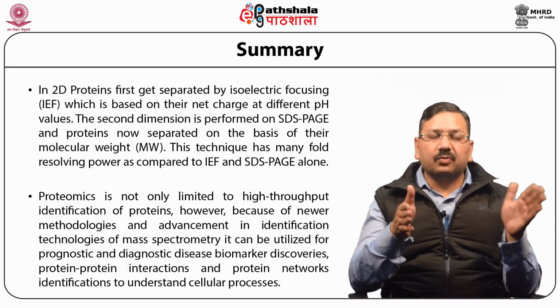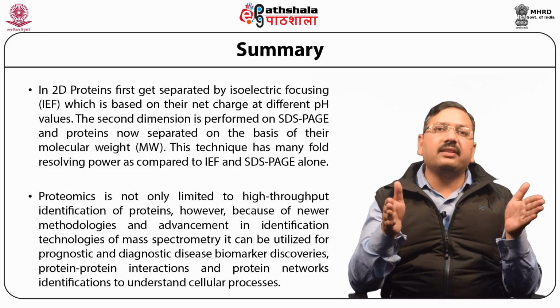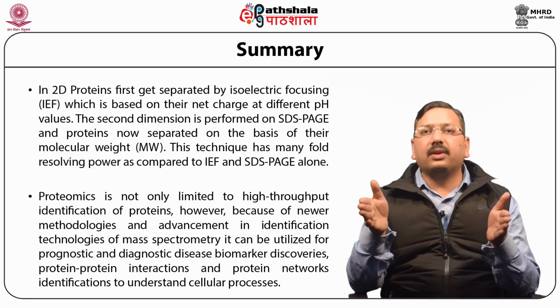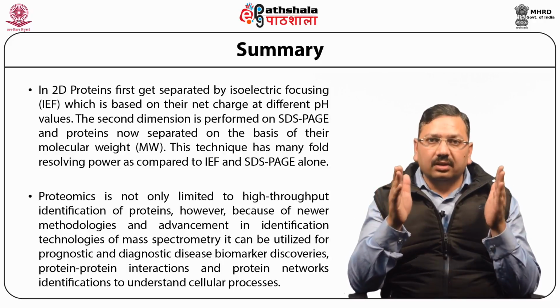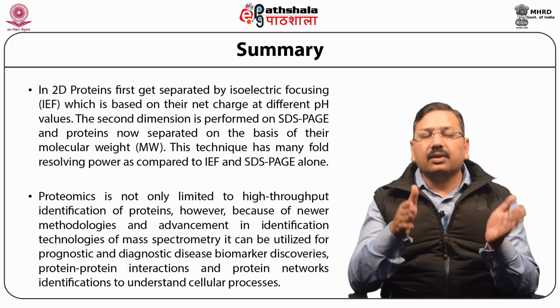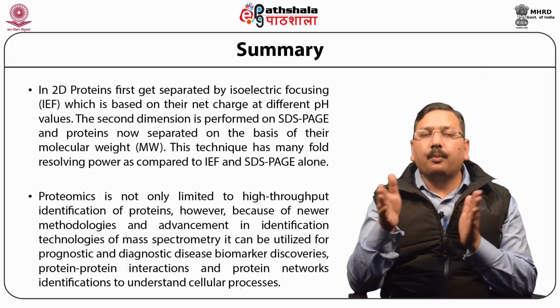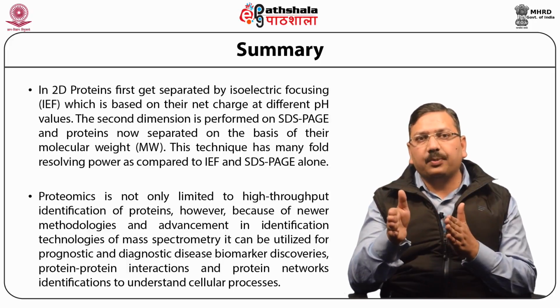This is done with the help of different enzymes, like trypsin, which cleaves the proteins at specific points, and after this the peptides are separated on a mass spectrometer by peptide mass fingerprinting.